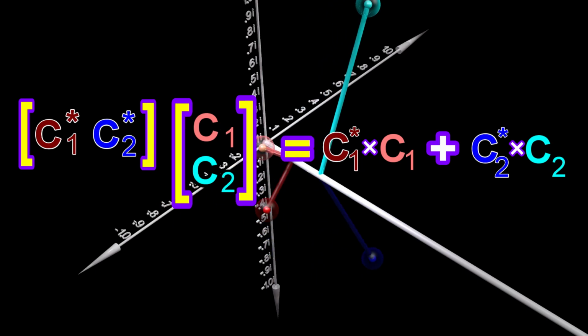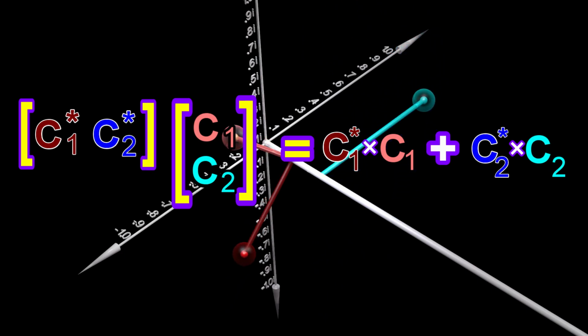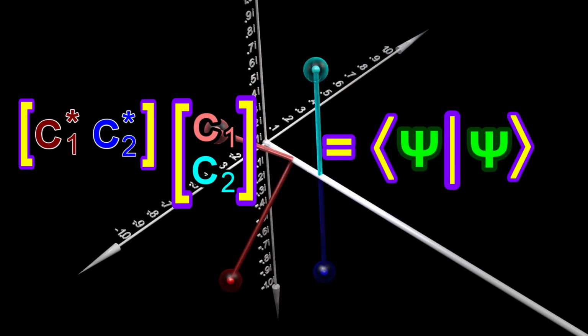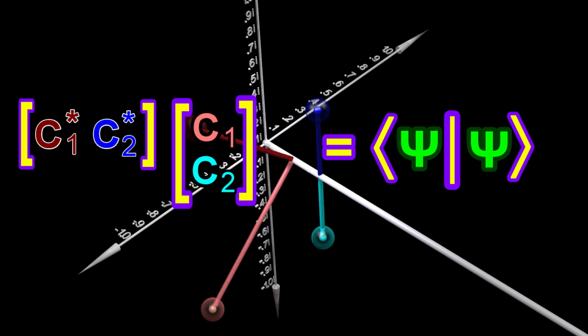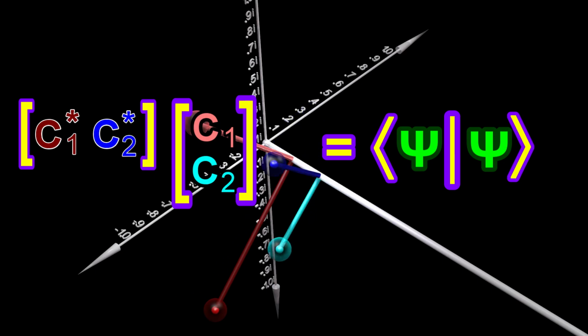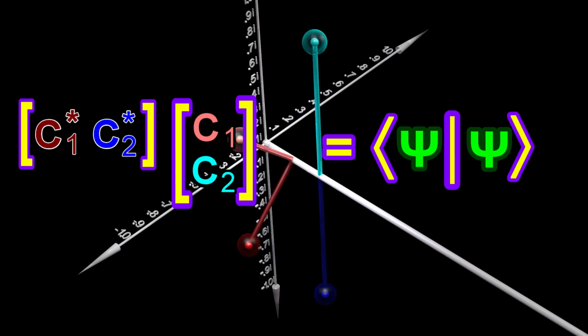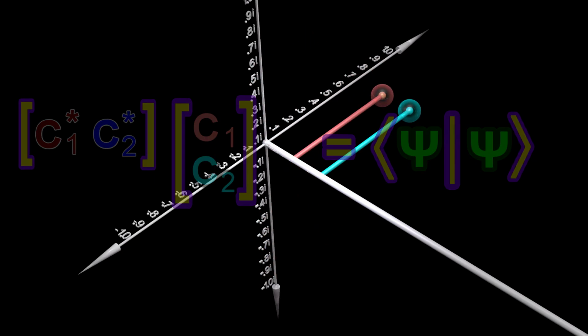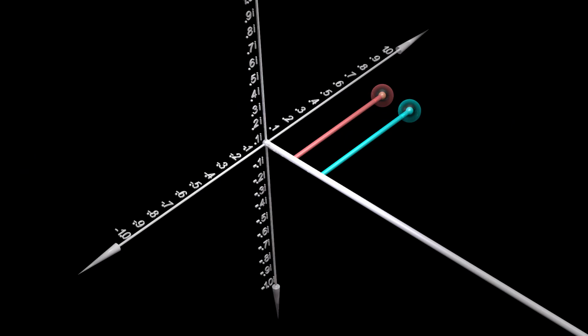In quantum mechanics, we use the following notation to represent these types of relationships. This is a two-dimensional vector with two complex coefficients.